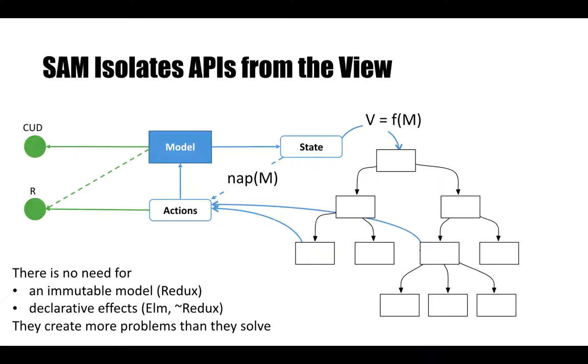The result of an API query would then propose data to the model to capture the result of the query into the application state.